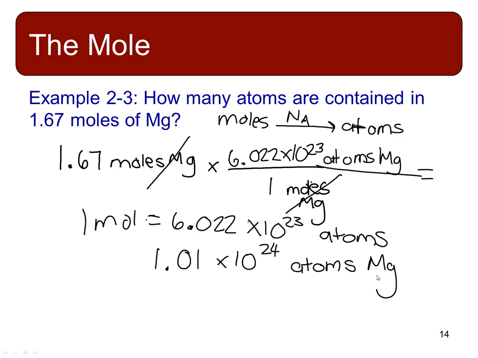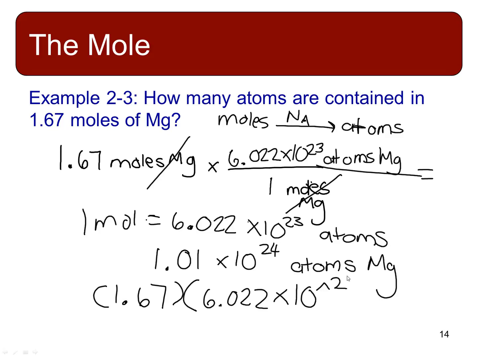Whenever I have an exponential kind of value, or 10 to the whatever power, I always put that in parentheses. Okay, so in my calculator just now, I put 1.67, and I went ahead and put it in parentheses. Okay, times 6.022 times 10, and then I use the little caret key to the 23rd.